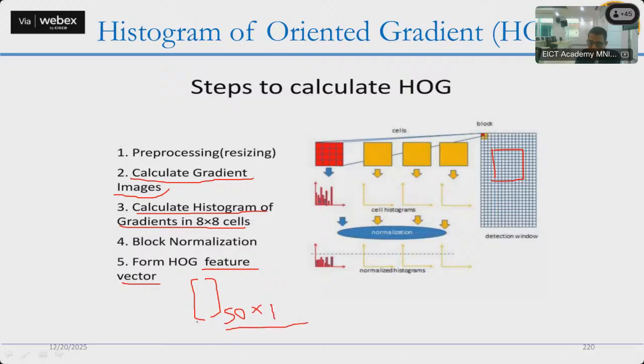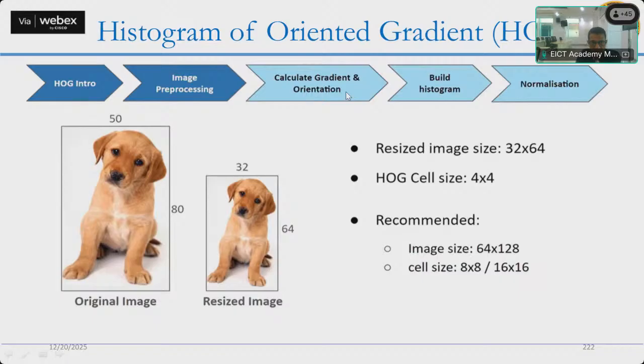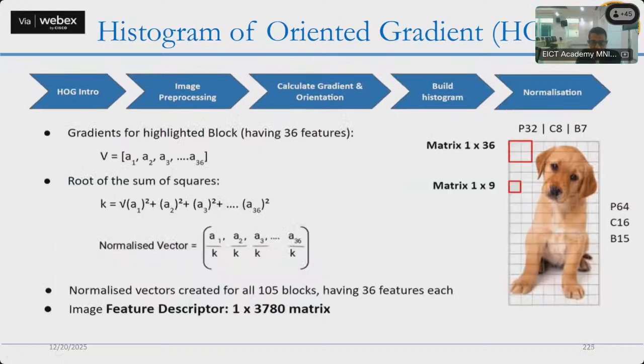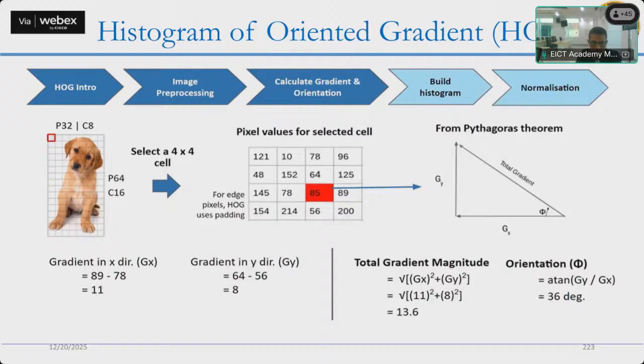This is basically the line. That's why we call it the feature vector. Then what you do thereafter is calculate gradient and orientation, build the histogram, and then normalize it.